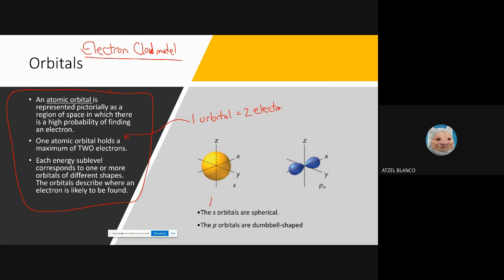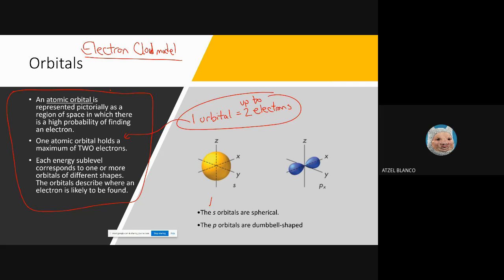It doesn't matter what type of orbital you have. If you have one orbital, it can only hold up to 2 electrons. One atomic orbital holds a maximum of 2 electrons in that area of space.